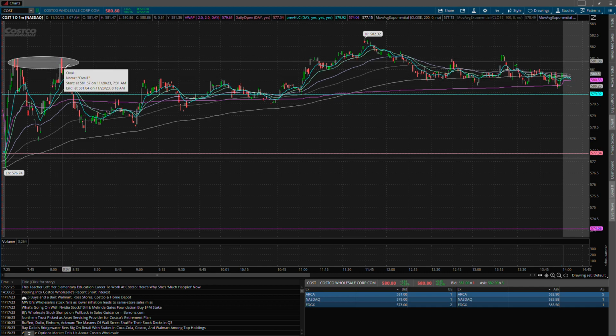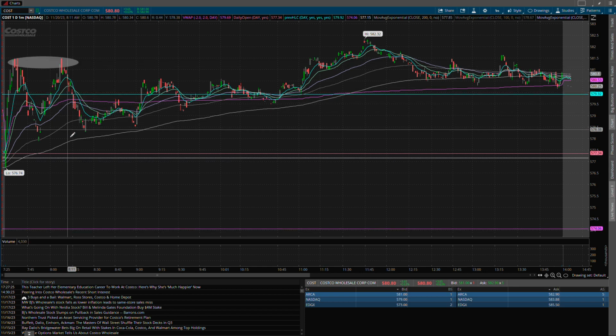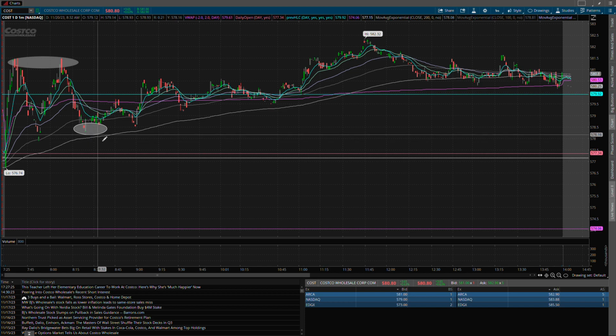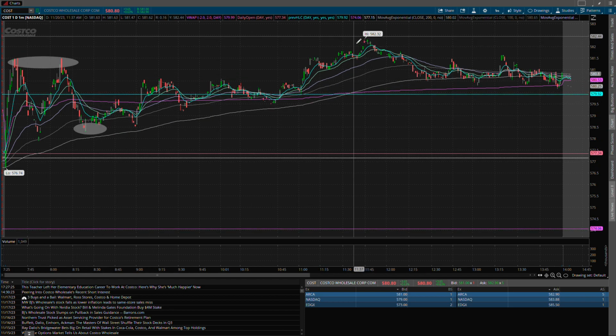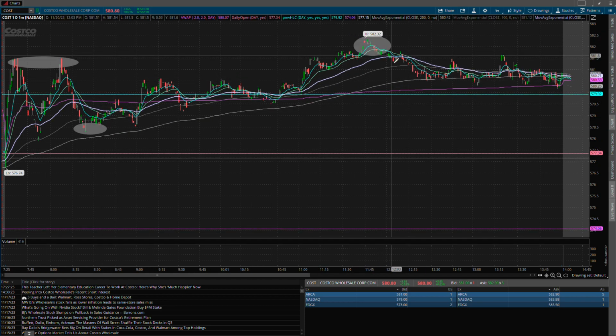Based on here, that's 581, that's 578, so approximately a 300-point move from there to here. And it's actually riding the 200-day moving average. Look at that, it's riding the 200-day moving average. So that would be considered a major trend reversal right here.